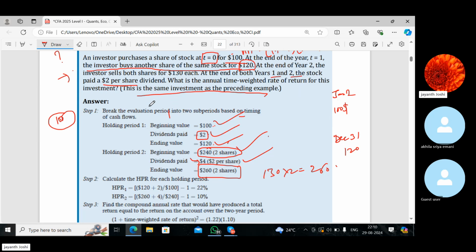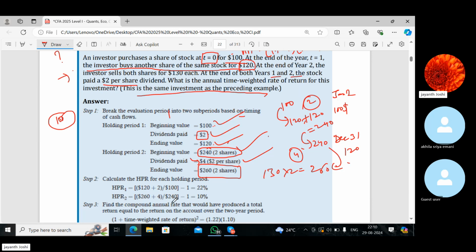First, we have just seen the stock's value at the ending period. It was 100 at the beginning, at the end of the year it was 120, this stock, and also 120, one more stock has been bought. So that is 240. And at the beginning of the next year we have 240 and we are selling it for 260, and the dividend we got here is for 2 shares.